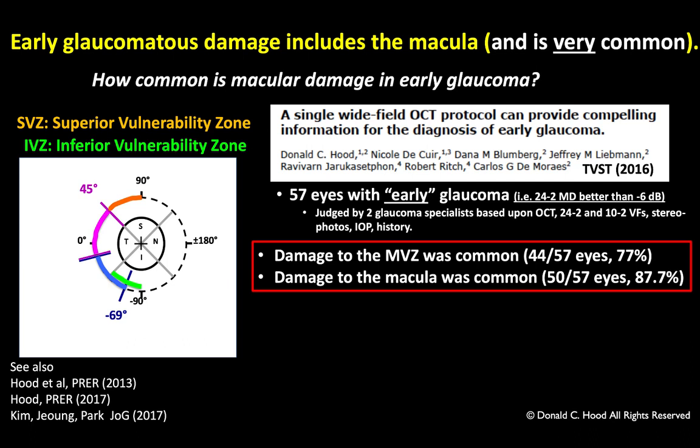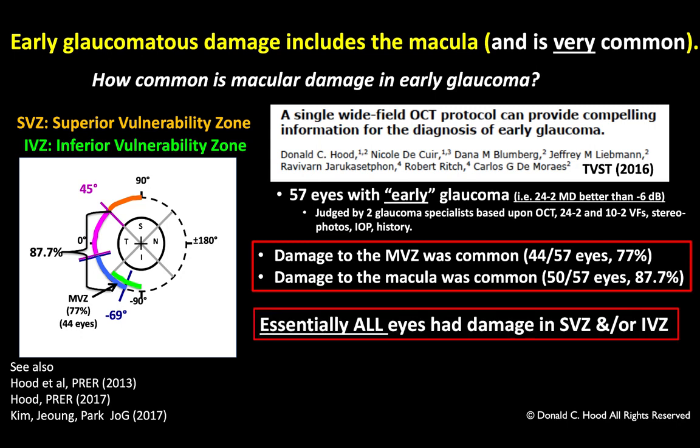Of these 57, damage to the macular vulnerability zone occurred in over 3/4 of the eyes, whereas damage in general was even higher, close to 88%. So 3/4 had damage in this region, 88% had damage that included that region plus the rest of the macula. Essentially, all the eyes had damage either up here and/or down here.